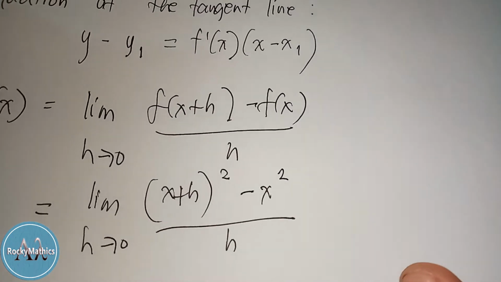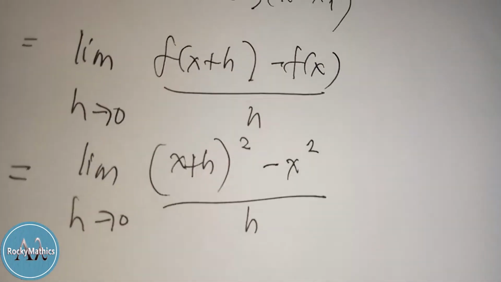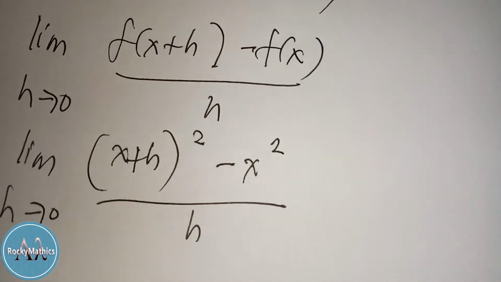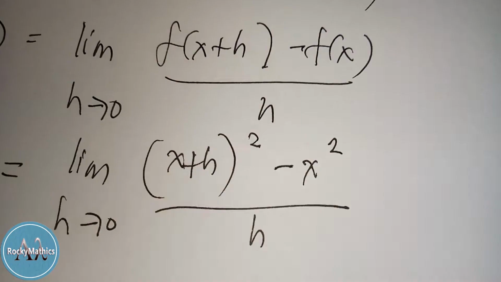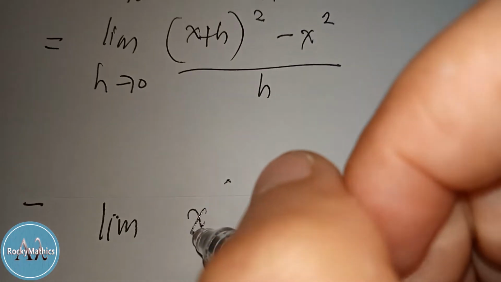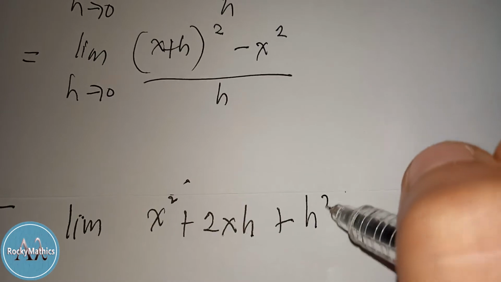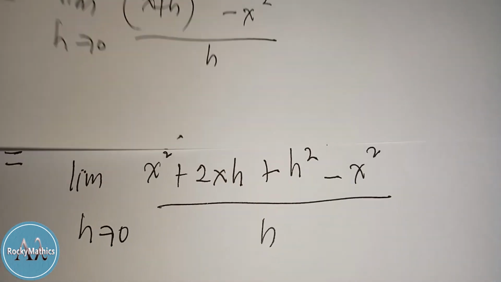Now, let's continue. This is equal to the limit of x squared, so we expand this one, plus 2xh plus h squared minus x squared over h as h approaches 0.